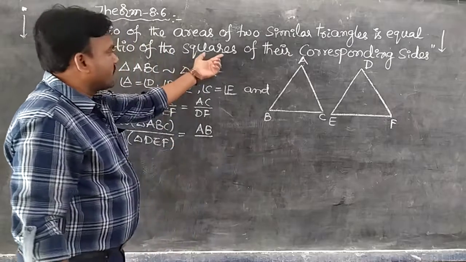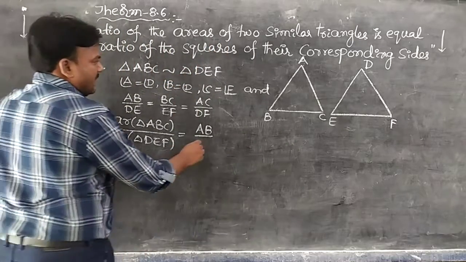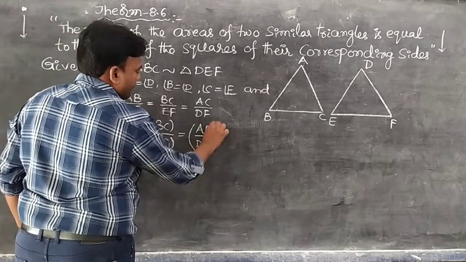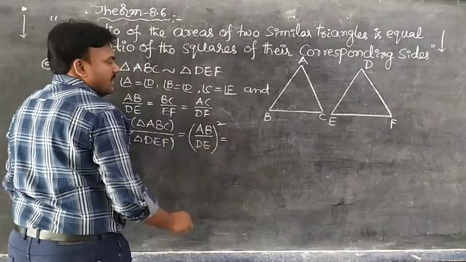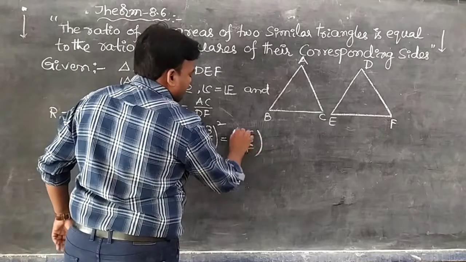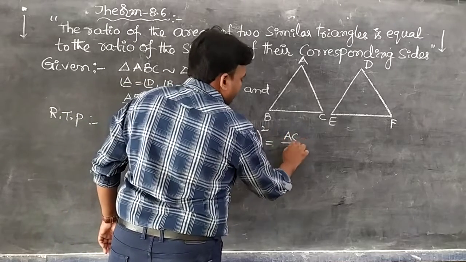The ratio of squares of their corresponding sides are equal. That implies AB by DE whole square equals BC by EF whole square equals AC by DF whole square.